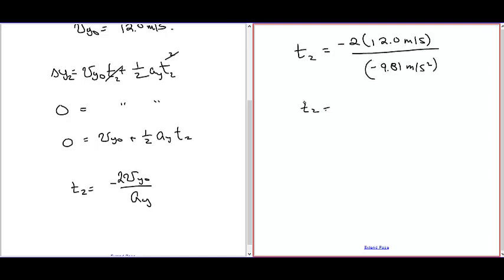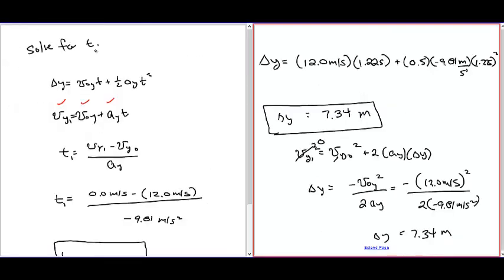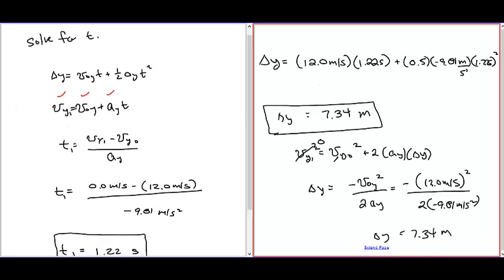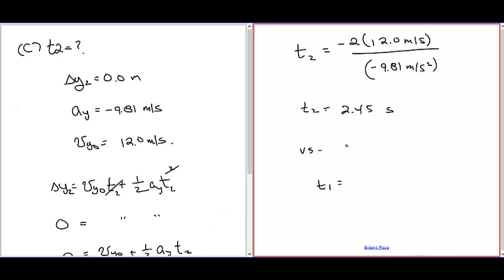So the negatives cancel out. I get a positive t. So I get 2 times 12 divided by 9.81, which is 2.45 seconds, versus t1, which was 1.22. So T1 is equal to 1/2 T2, or T2 is equal to 2 times T1.